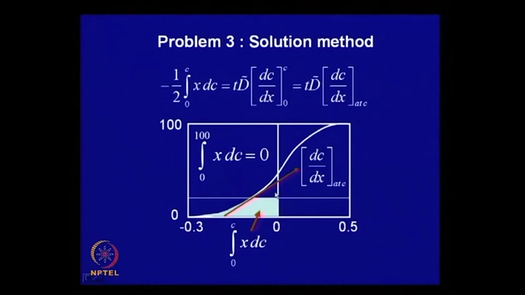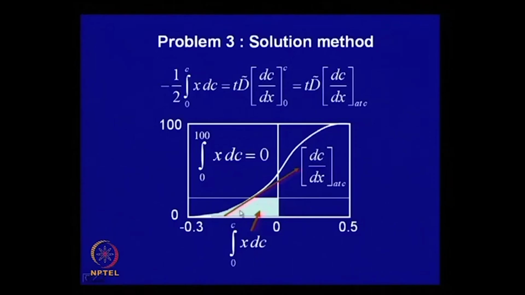Now, to find out the diffusivity, you have to again find out this area from 0 to C. Suppose this concentration is at this point, that means 0.4 or 40%. Say this is the 0.4 line or 40% line here. So, you have to find out this area.